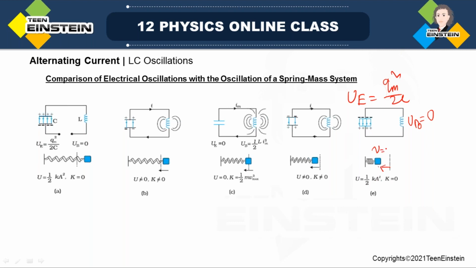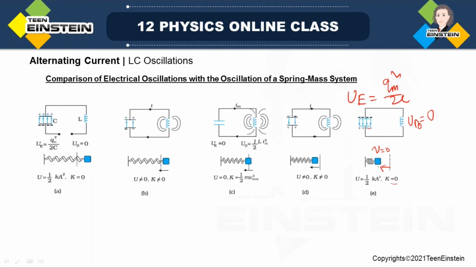And at this position velocity is 0, so there will be no mechanical kinetic energy at this particular configuration, when it is having maximum amplitude in the opposite direction from the equilibrium situation. So this is how you can see, now the polarity of the charge is opposite.